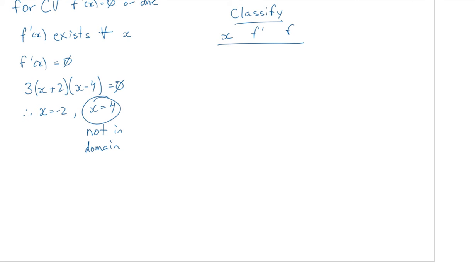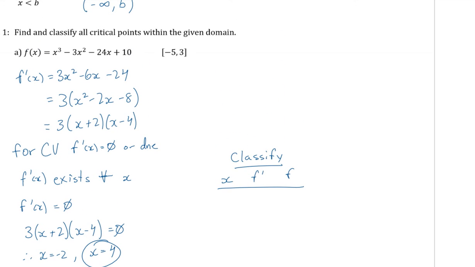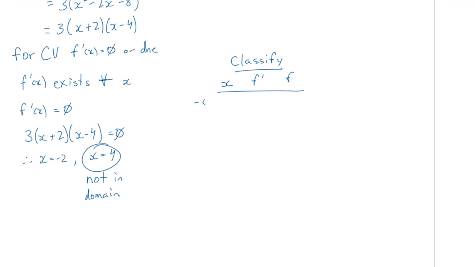I'm going to start at the lower bound end of the interval, which is -5, and I'm going to include that. Then I go to my first critical value, and determine what happens at the critical value. Notice I did not include -2 in that interval.